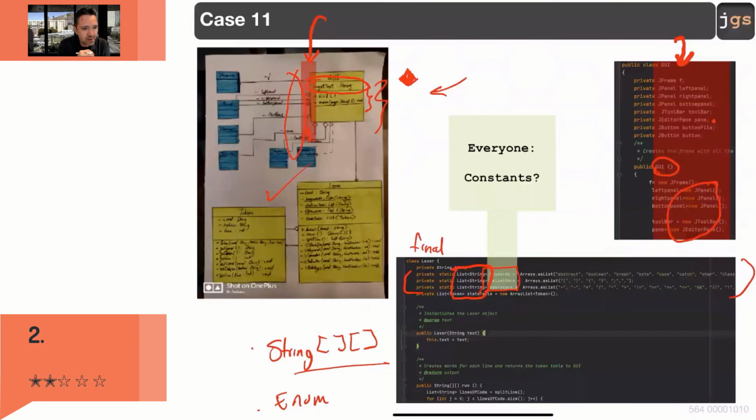I fully agree with the chat. The data is static. If the data is static, use a static data structure, an array. And this is a comment for all the teams, guys. I noticed these constants. Great that you defined the constants.